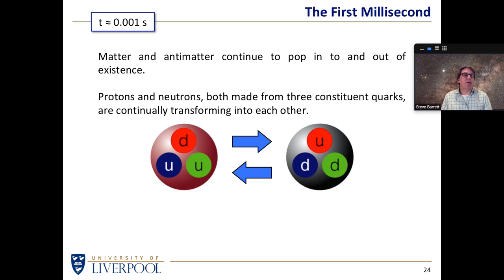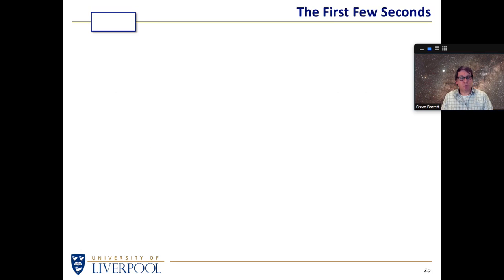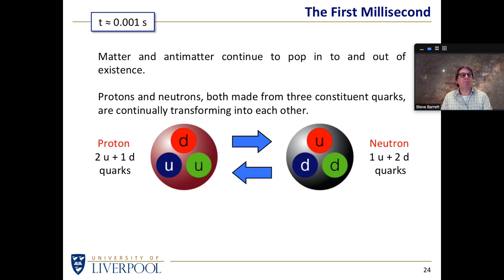All we need to worry about is that the fundamental particles that were made in the Big Bang, these so-called quarks, can decide to get together, and they happen to like getting together in threes, and a certain combination of three quarks makes a particle that we call a proton. And a slightly different arrangement of those three quarks makes a different particle which we call a neutron.